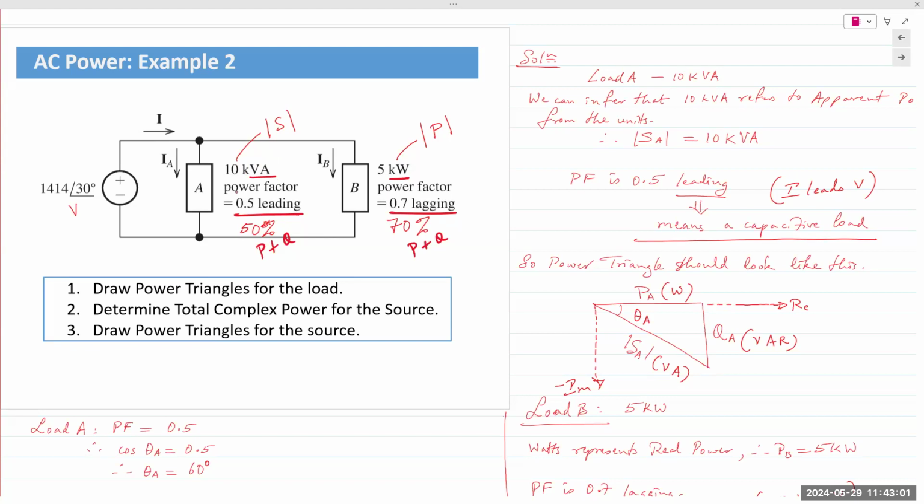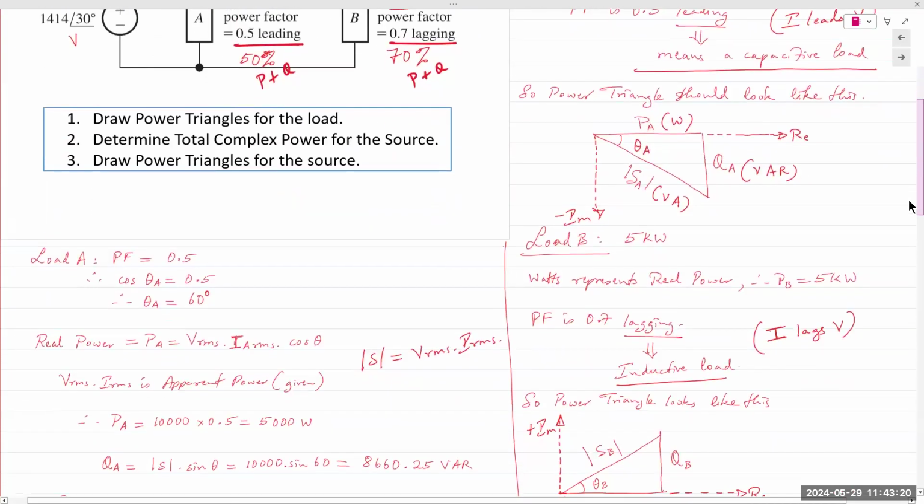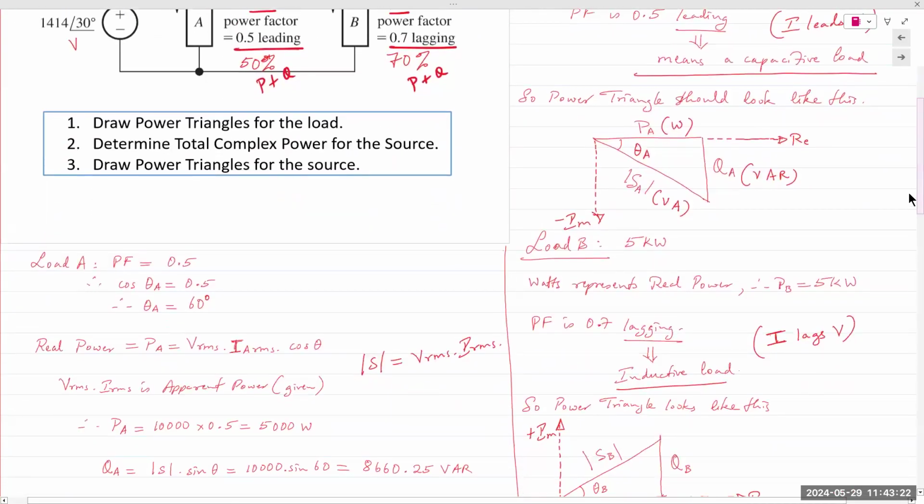If it's watts, what does it indicate? Real power P or average power P. That's indicating P. So I have PA, I have theta and I have P. I can use those two quantities to determine QA and magnitude of SA.